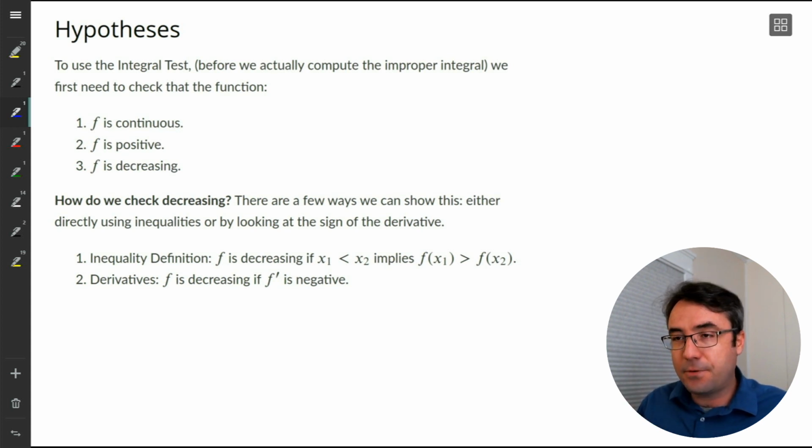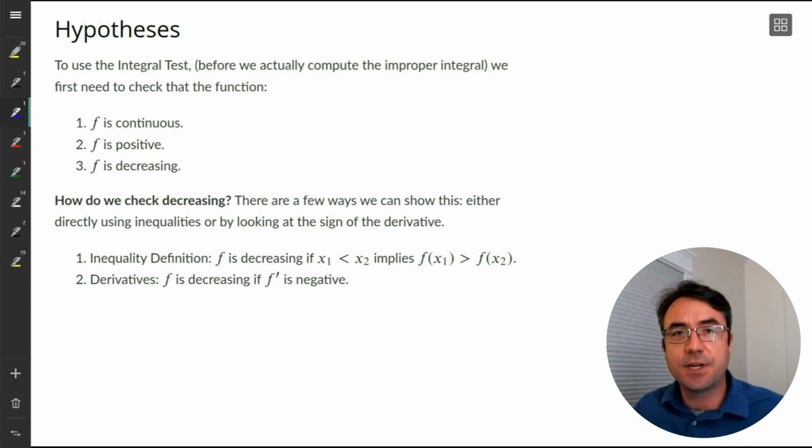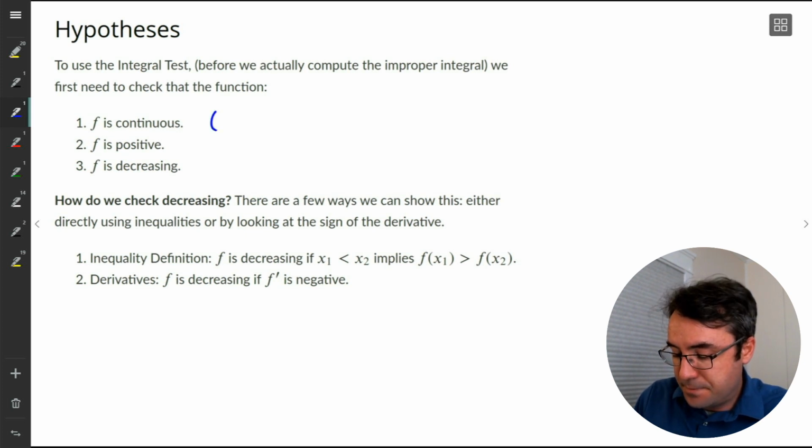Let's talk about continuous first. There are no holes or jumps or breaks in our graph. The big thing we're looking for here, though there are other cases, is division by 0.